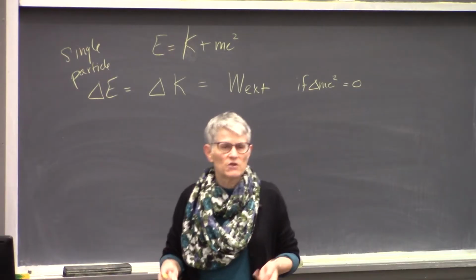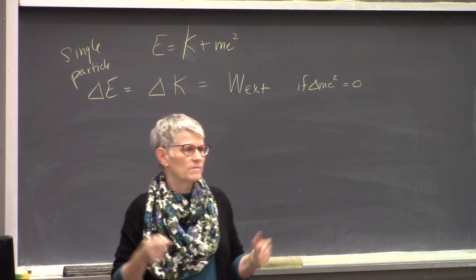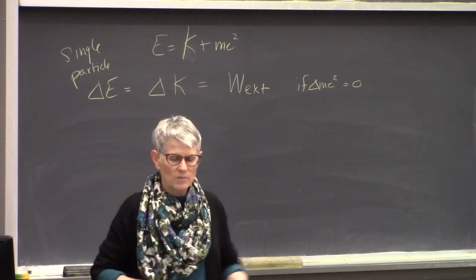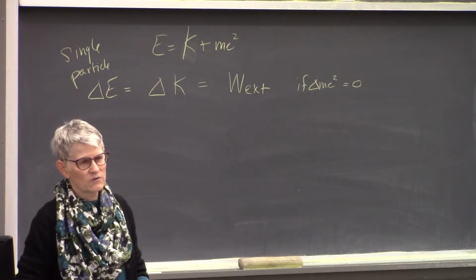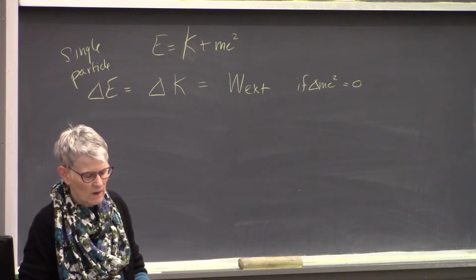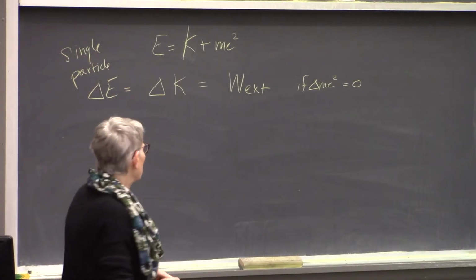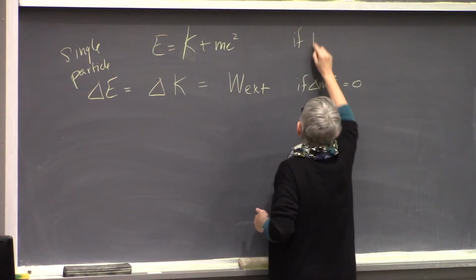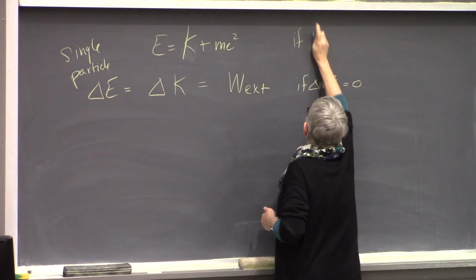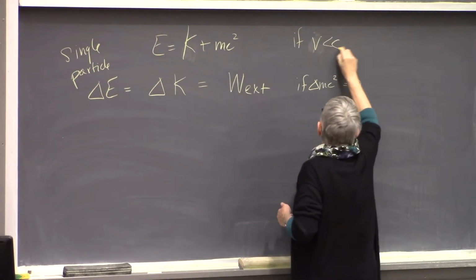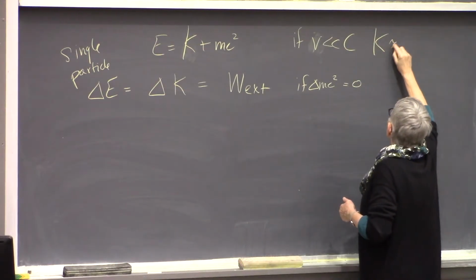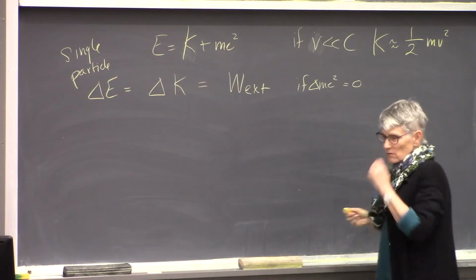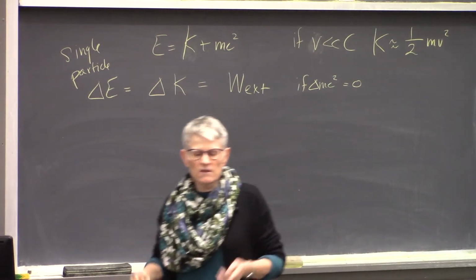In most of the situations we're going to be considering here, we're not changing rest energy, we're not considering particles turning into other particles or whatnot. And at low speeds, remember that kinetic energy was approximately equal to a half mv squared, where m is the mass of the particle and v is the speed, right?